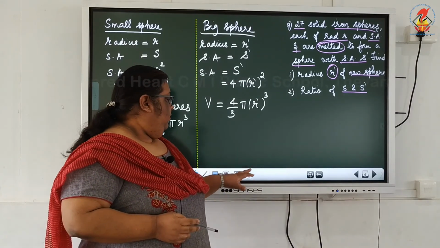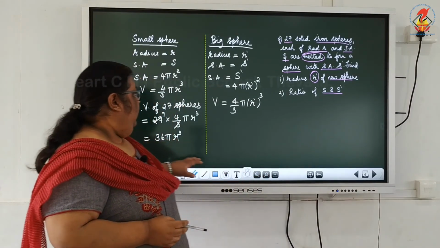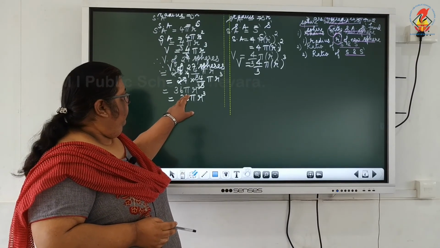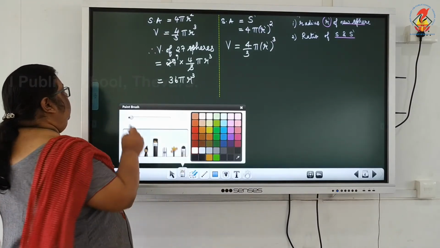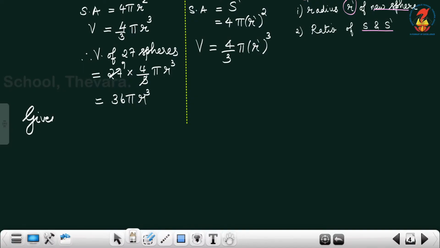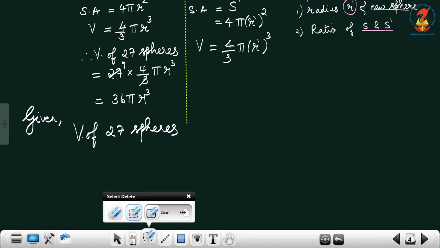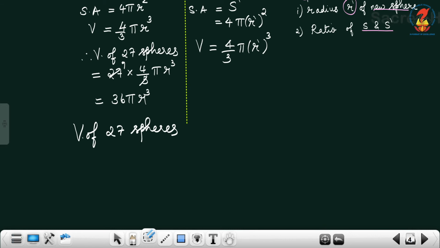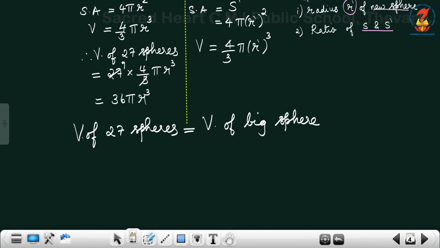Okay. Then they have said 27 small spheres are melted to form a big sphere. So what can you say about their volume? Volume will be equal. Volume of the 27 spheres will be equal to volume of the big sphere.